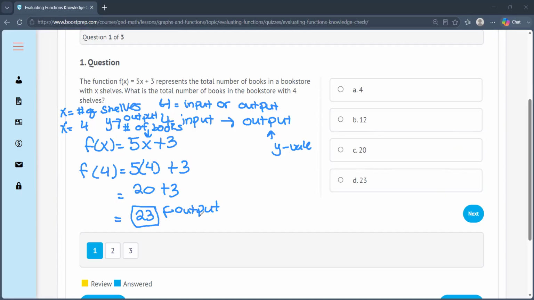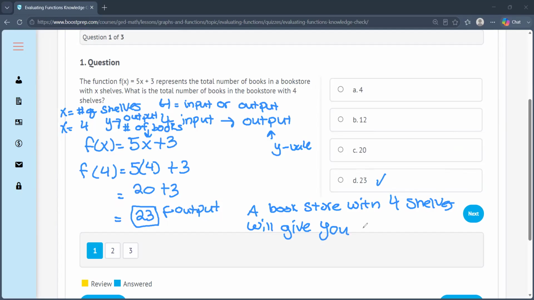But in words, what does that 23 really represent? You don't have to write this, your answer is 23, but if you're curious how to answer this in a complete sentence, I guess you could say a bookstore with 4 shelves will give you 23 books.